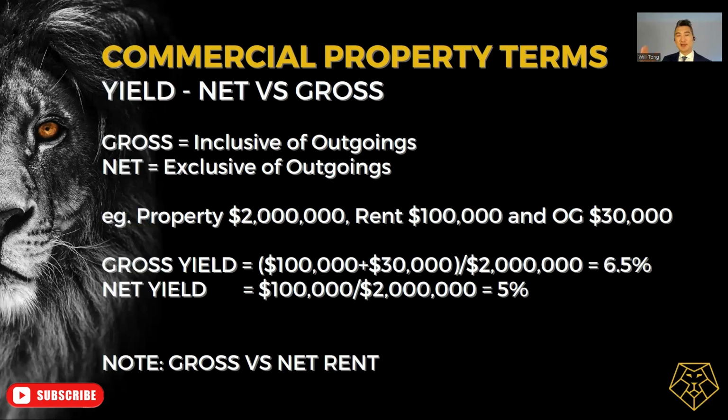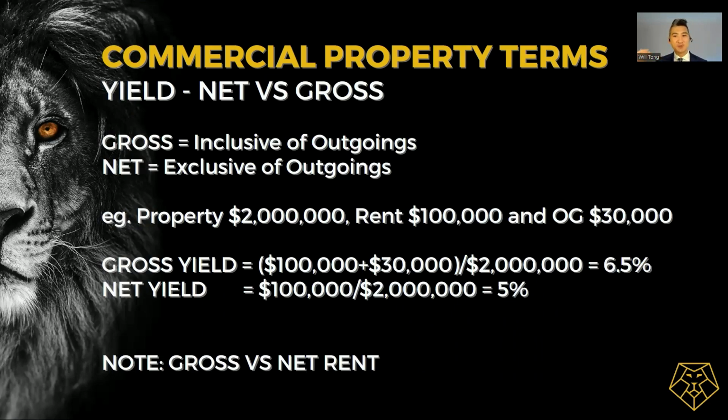The next term that's commonly used is yield, but more importantly, the difference between net and gross yield. Okay, so gross yield, well, what is yield? Yield is the percentage return based on the value of the asset.